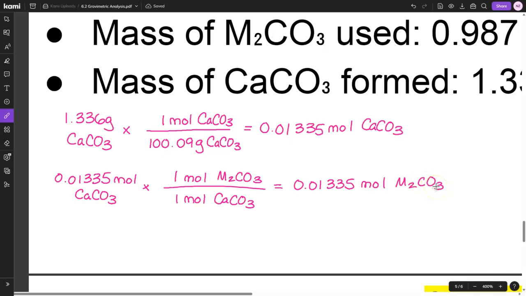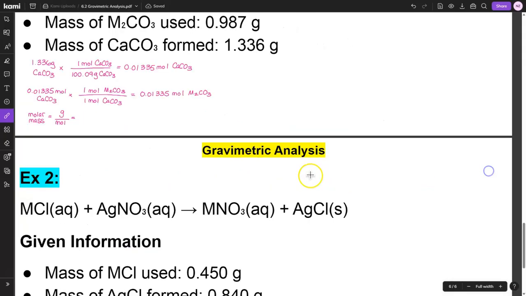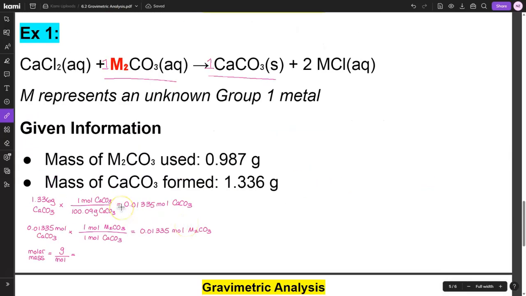Okay, so now we have our moles of our metal carbonate. If you go back and look at the steps that we wrote down, once we have our moles of metal carbonate, we're going to find the molar mass. So molar mass is grams over moles. Going back to the information that was given to us in the question, we know the mass of our metal carbonate, and we just found the moles right here.